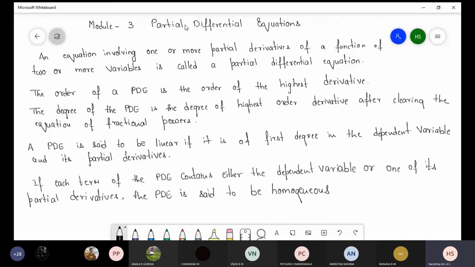Homogeneous means in the RHS side we will be having 0. Otherwise, it is called to be a non-homogeneous partial differential equation.